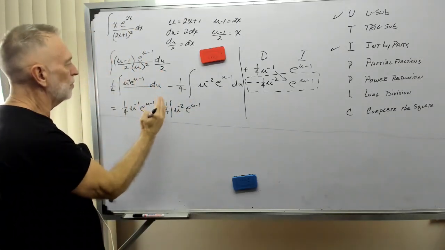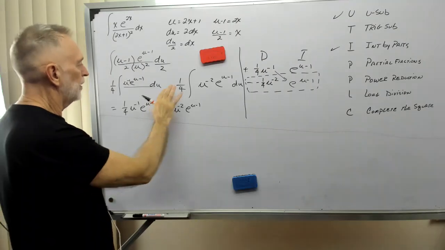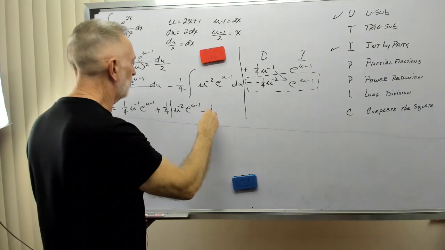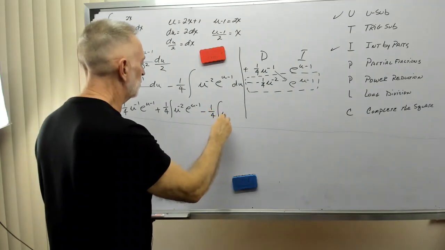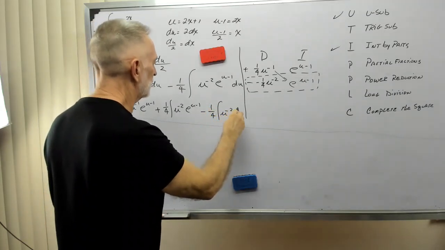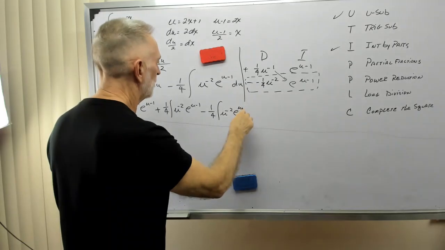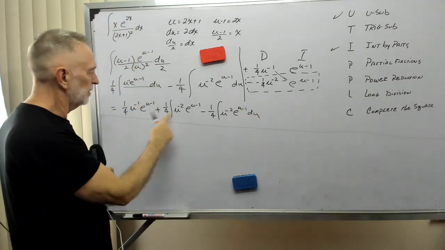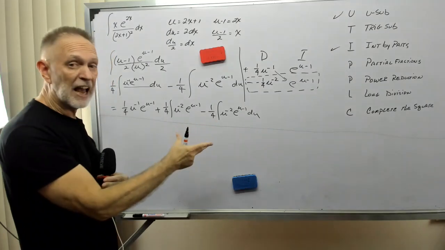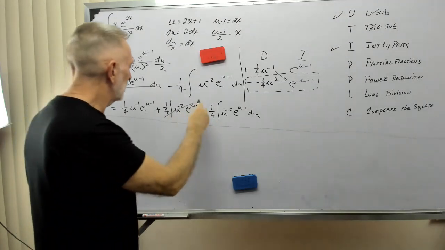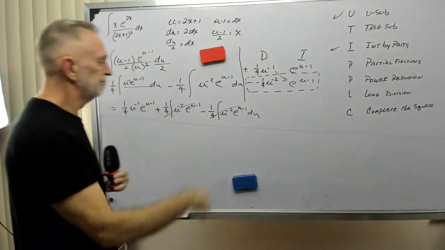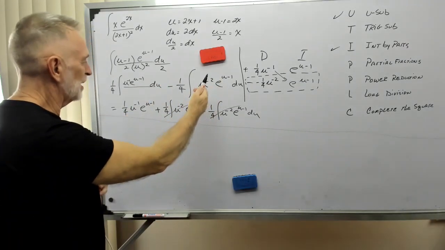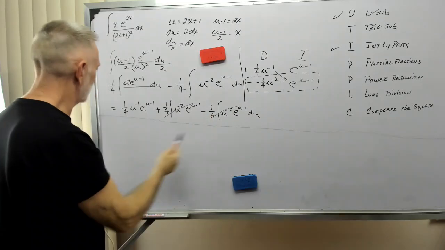Now you'll notice the other integral we were going to deal with is a negative 1/4 integral of u to the minus 2 e to the u minus 1 du. Oh, I have a positive and now a negative of the exact same thing. They just cancel. They're gone. So I don't have to do the integration by parts because it just canceled itself.